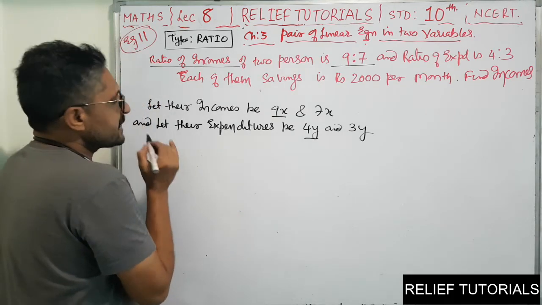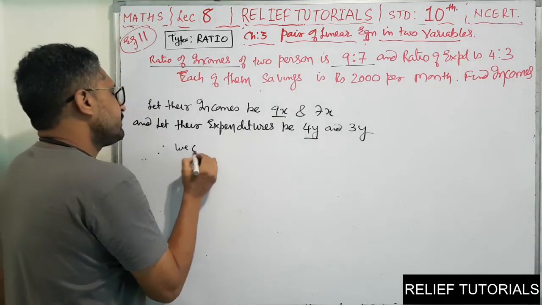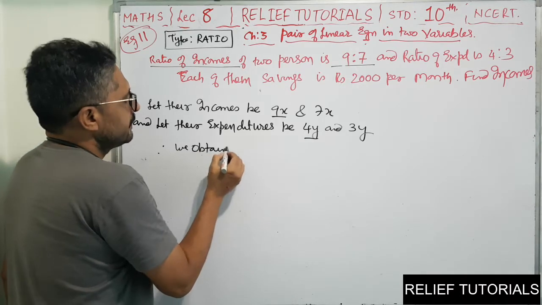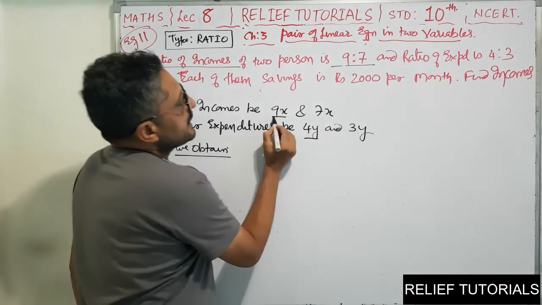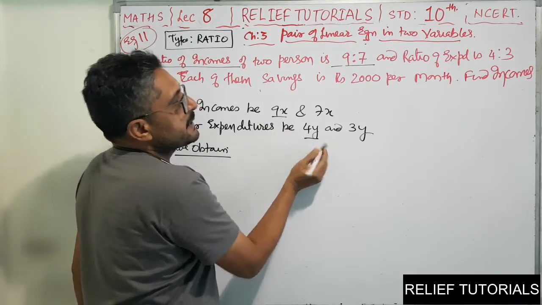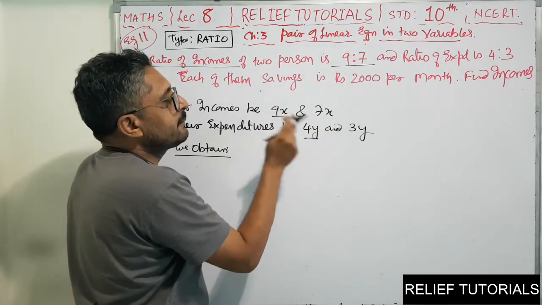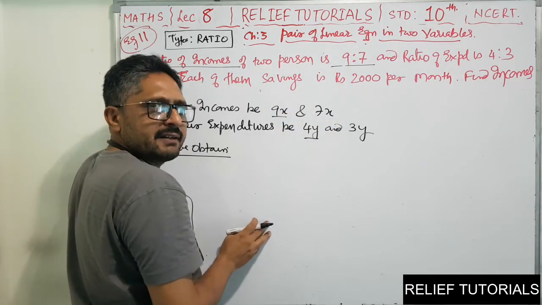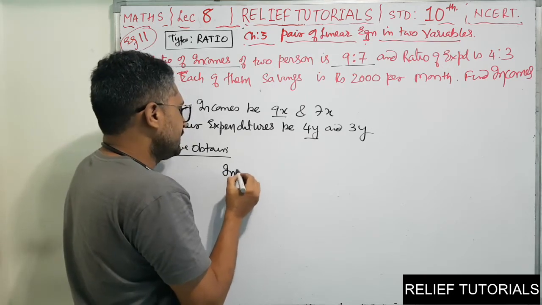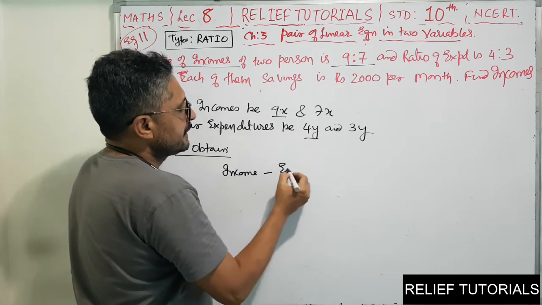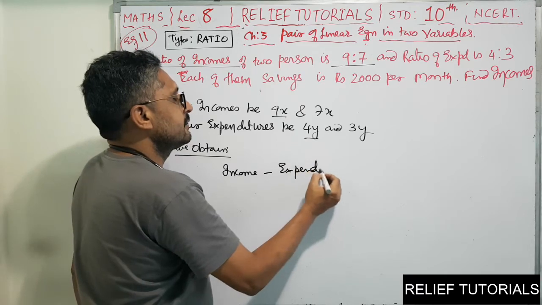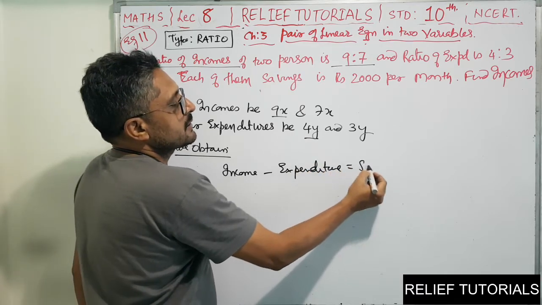So based on the condition, income minus expenditure is equal to saving, which is rupees 2000.